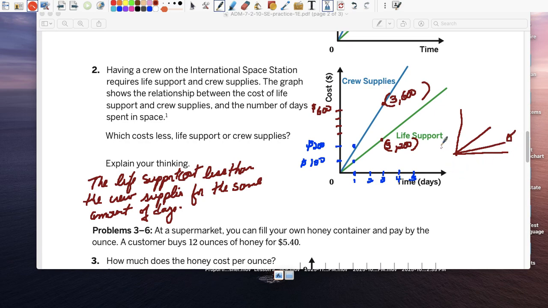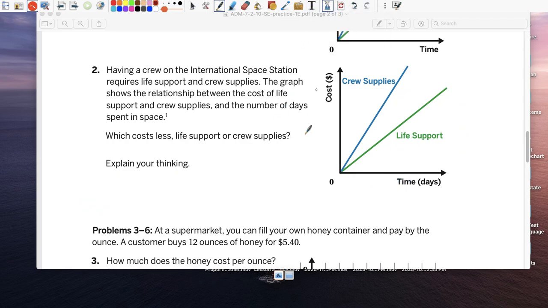This one. Okay. The one that's steeper increases faster, or spends more in this case, as opposed to the one that's less steep. So you can also use the line and notice the steepness of the line. Yeah, that's it for that one.